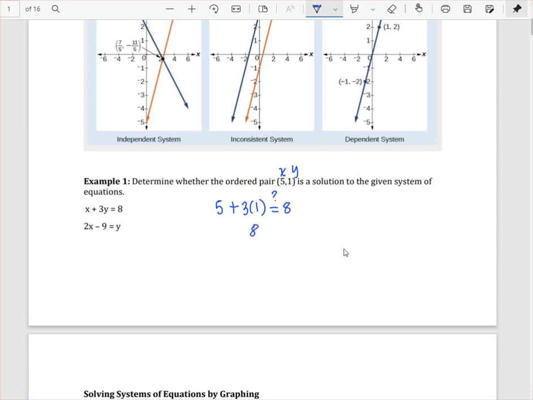In this case, yes. So it works for that one, but it has to work for the other one as well. Because it works for both, the answer would be yes. If it works for one and not the other, the answer is no.